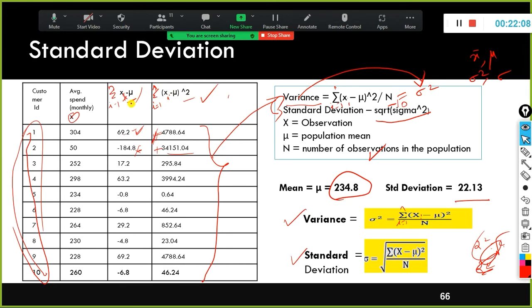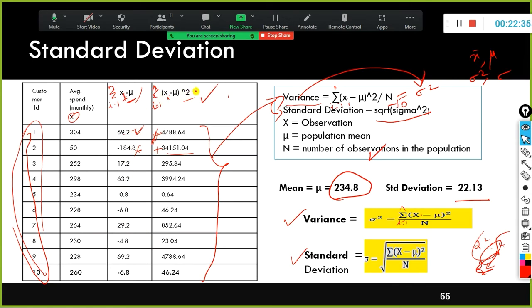I need to take the mean for the data set and subtract the mean from each and every value, and then I need to square the value. Now they will ask you why you need to square the value. To obtain variance, I need to add all the values of x minus mu, right? If I don't square it, the positive and negative values get subtracted, so any negative values will cancel out when I add them.